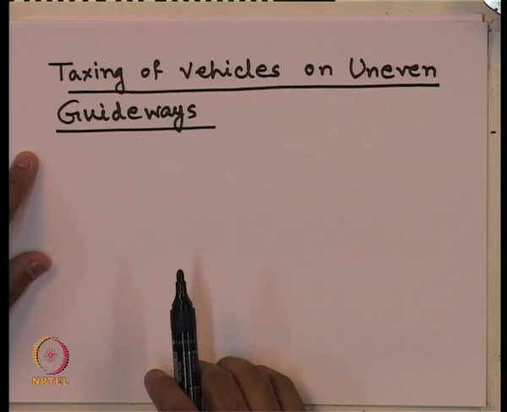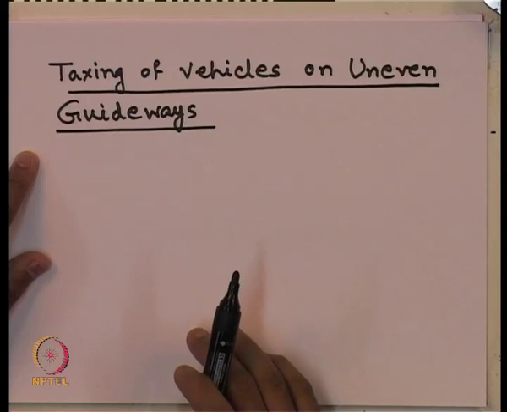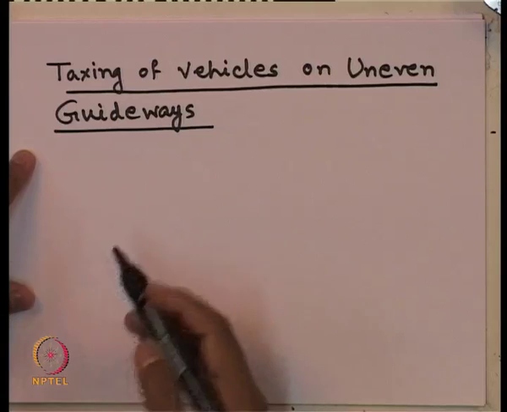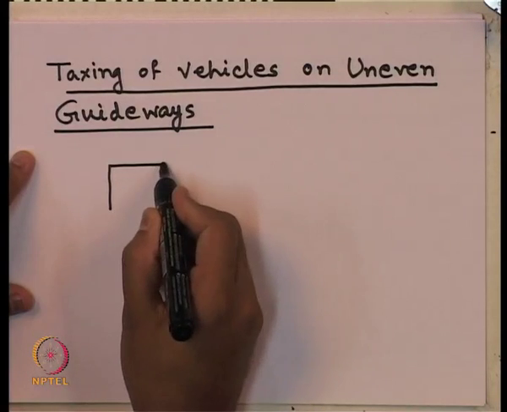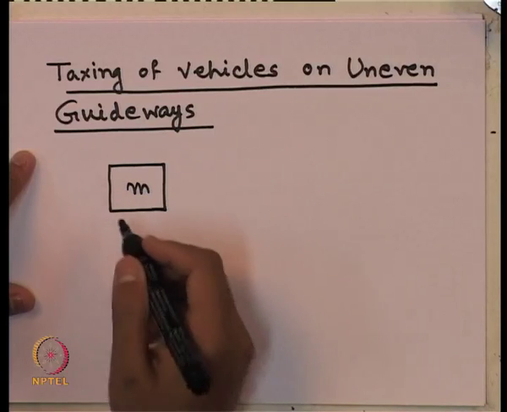Why it happens, how it happens, and how to get the solution for that kind of dynamic load acting on a single degree of freedom system, let us see how we can consider. I am drawing a single degree of freedom model of the system with mass m.